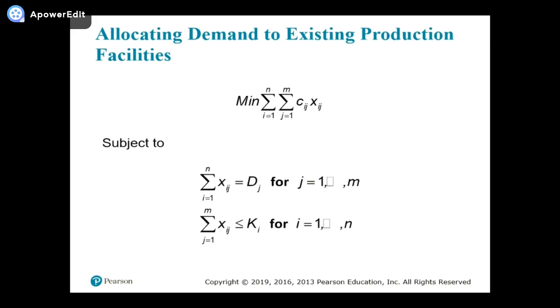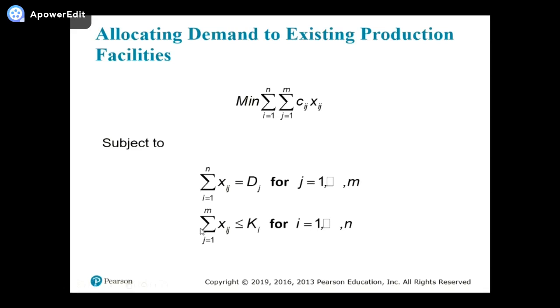So once again, the model is pretty much just a special case of what we have seen in phase 2. So now we minimize total cost, and now we don't need to consider facility location cost, because we are assuming facilities are already built.